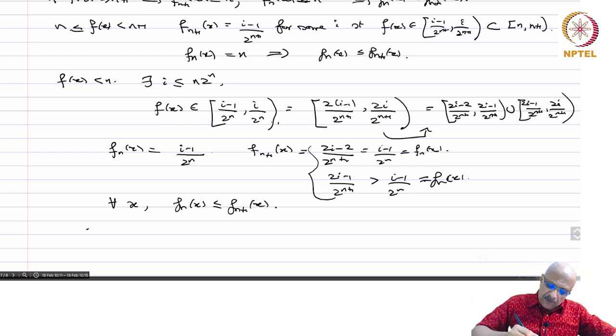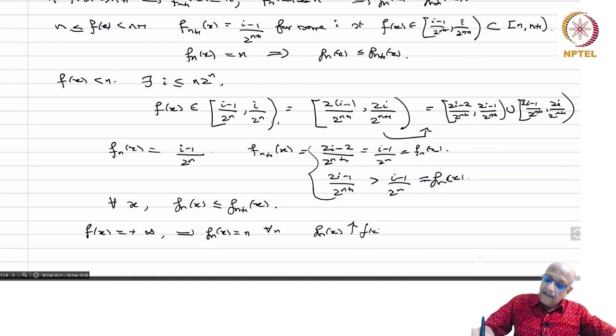So now if f(x) equals plus infinity, this implies that f_n(x) equals n for all n, and so f_n(x) increases to f(x).